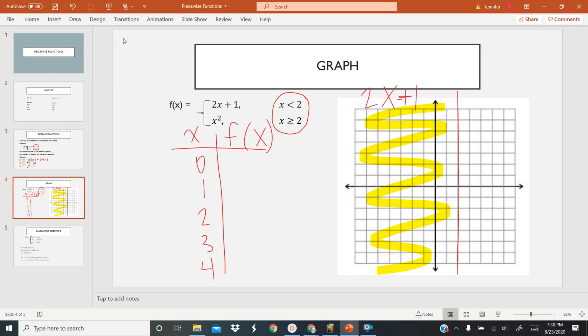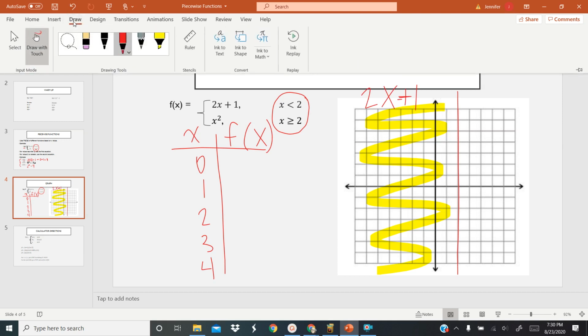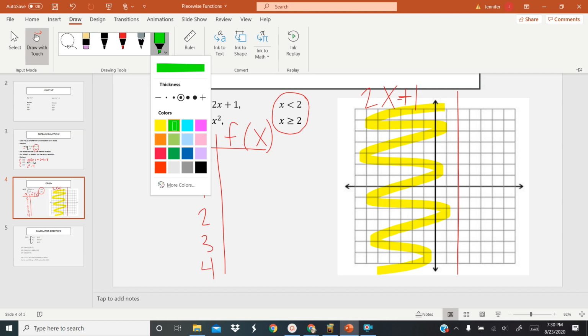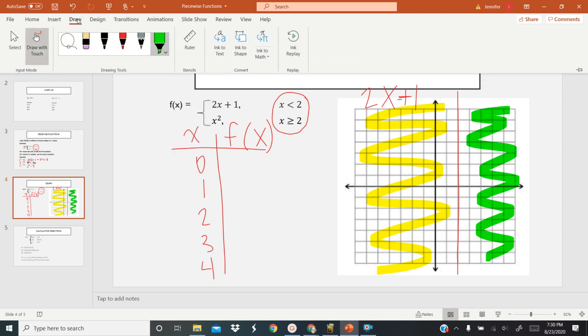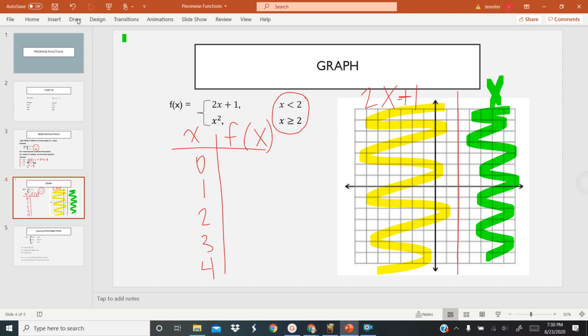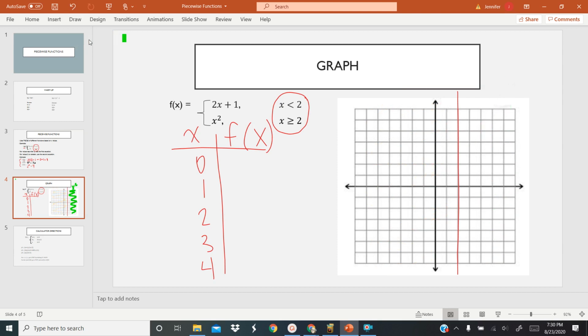And on the other side of the graph, over here, I'm going to try to change my color. Over here, you're using the other equation, x squared. Okay, that didn't work. But you guys see what I mean? You know that that's where the graph is going to break. So let me get rid of that so that we can go ahead and get these graphed.